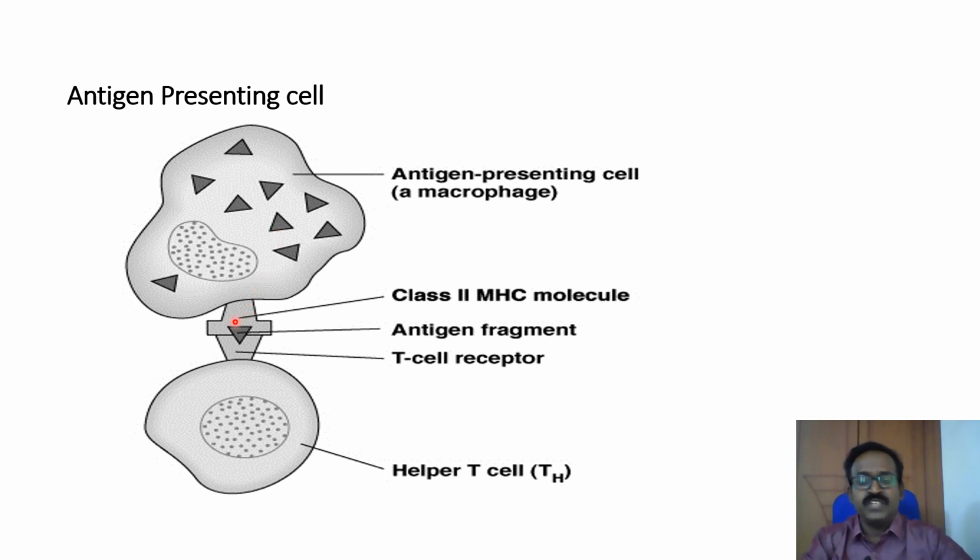The surface of the antigen presenting cells contains the major histocompatibility protein class 2. When the antigen binds with the MHC class 2 protein, the surface also contains the human leukocyte antigen, which contains the genetic code of the antigen presenting cells.